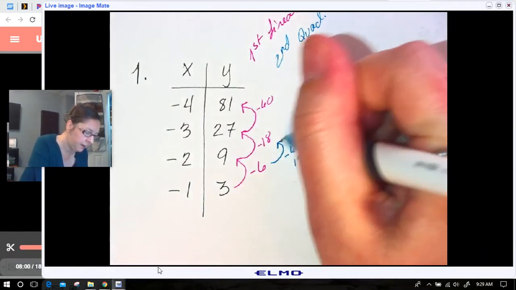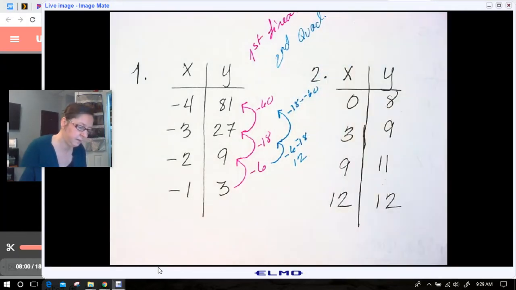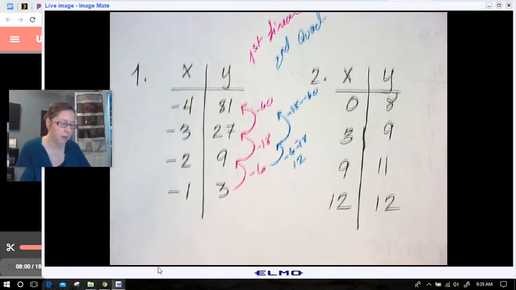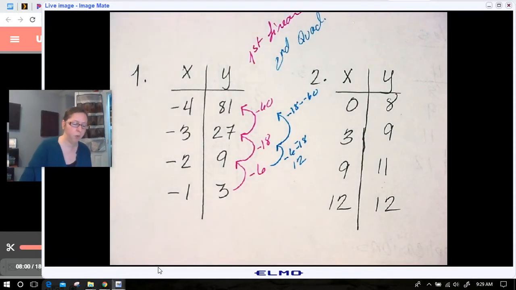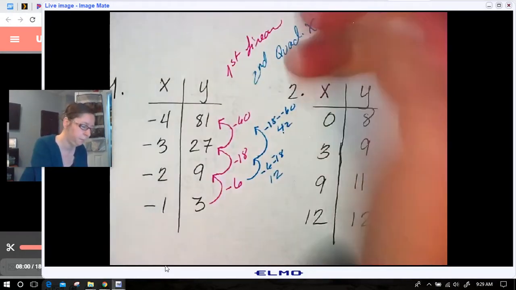And then negative 18 minus negative 60 would be 42. So it is not a common second difference either. So I'm going to X both of these out.